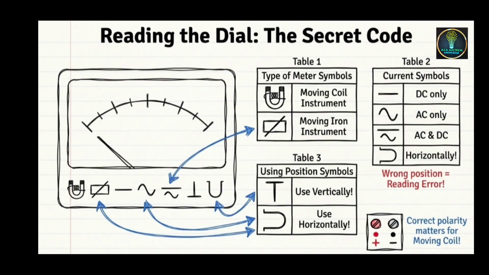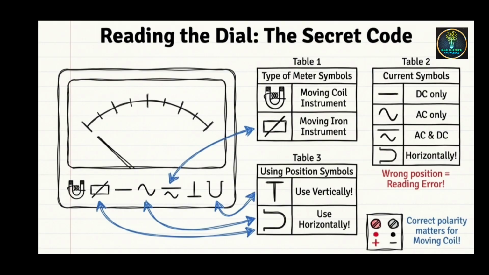Reading the dial, the secret code. As per table number 1, type of meter symbols: moving coil instrument and moving iron instrument are symbolically represented in table number 1.